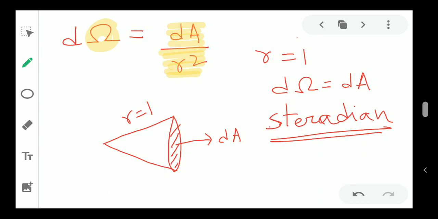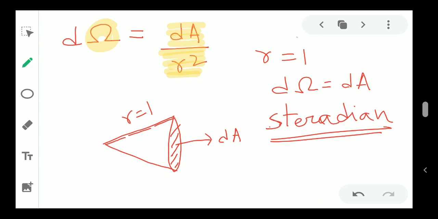One steradian is the surface area of the exposed part of a conic section, or the base of the conic section, when the radius or this distance is taken as 1. In the book you will get a nice definition, so you can see from the book how to define this. Fine.